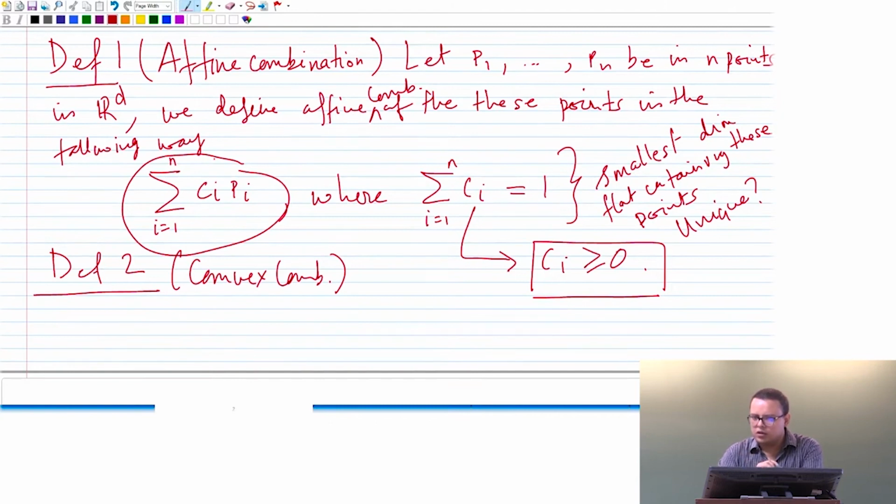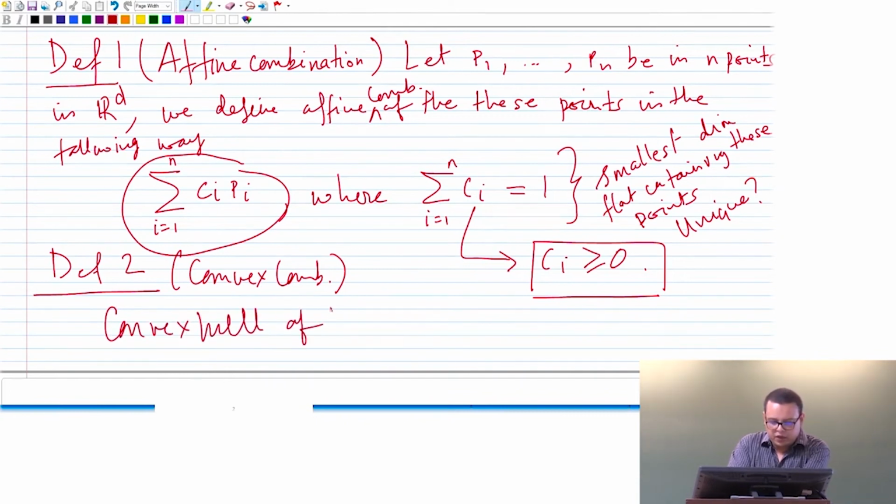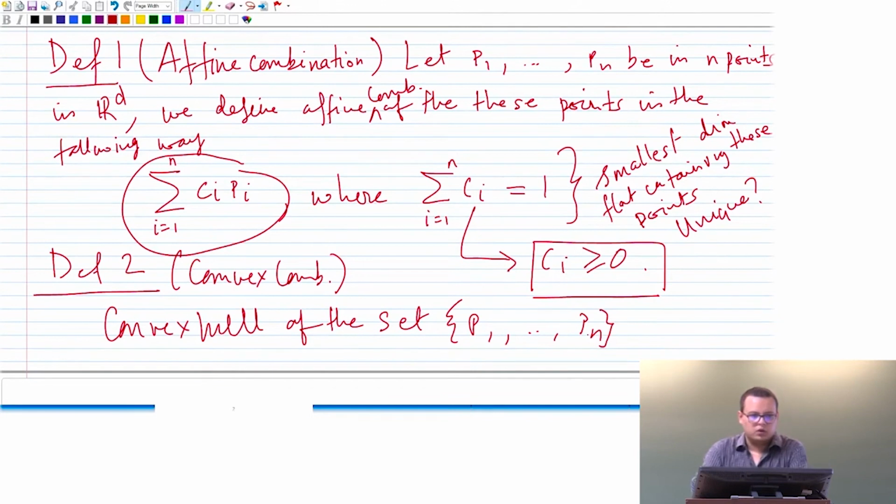This is what is called the convex hull of the set of points, which is the smallest convex body containing these points. Again, is this unique or not unique? Good. Again, check these things.